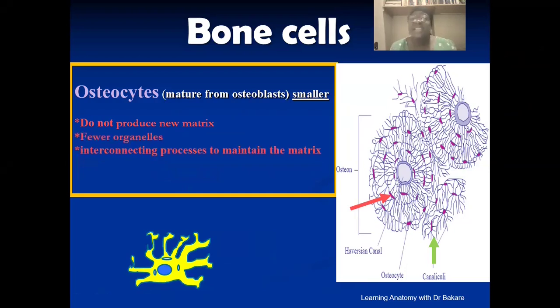The osteocytes are able to maintain the extracellular matrix through their interconnecting processes. So they have these cytoplasmic extensions through which the osteocytes connect with one another. They also secrete enzymes that are spread along this connection. And through this, they are able to strengthen or maintain the extracellular matrix.